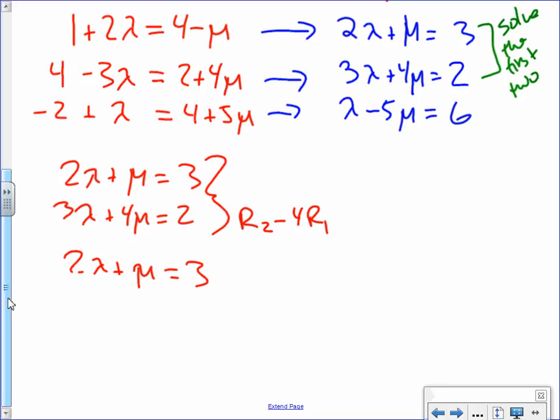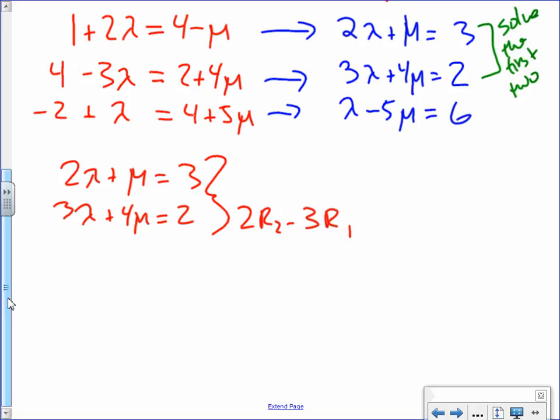All right. 3 minus 8 is -5. 4 minus 4 is 0. Let's do it. How about 2R2 minus 3R1? So that gets rid of the lambdas.